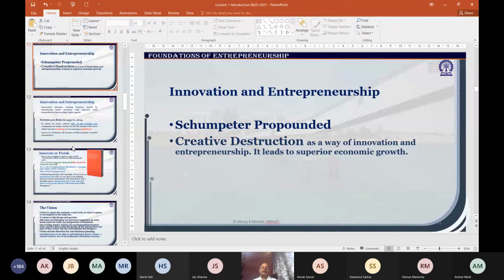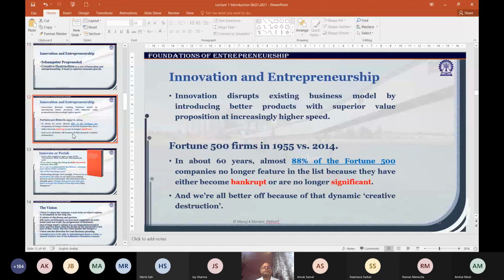I think he was Austrian, and then he settled in Germany for some time, eventually in the US. He said long back, I think 1934, 35 or so, that creative destruction will define success of entrepreneurship. Creative destruction meaning people will come up with innovation that will destroy existing businesses and create new businesses. That is how the next generation entrepreneurship will be defined.